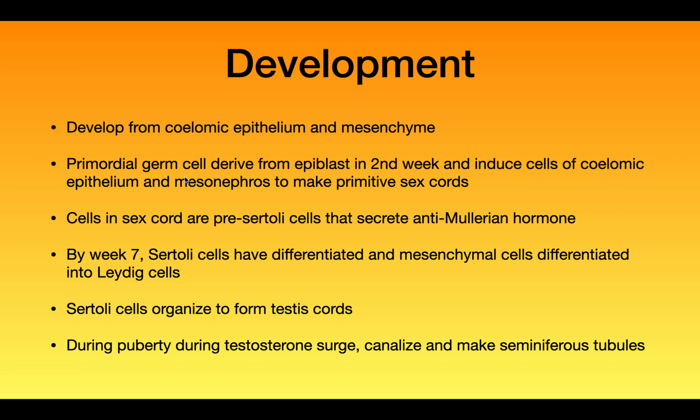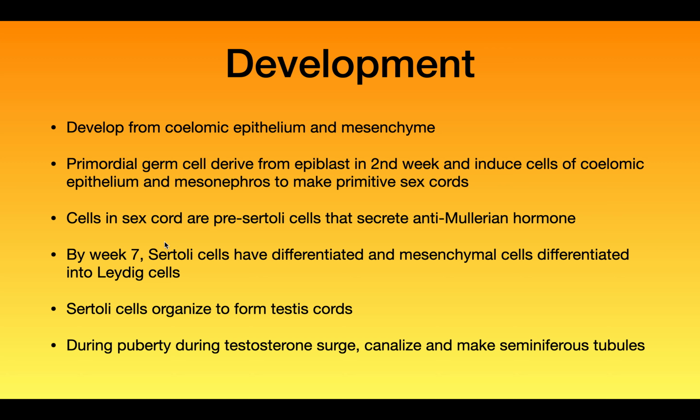So the primordial germ cells are going to come from the epiblast, and then that induces the cells of the coelomic epithelium and the mesenchyme to make the primitive sex cord. So it comes from the epithelium and some of the urinary tract primordial tissue.